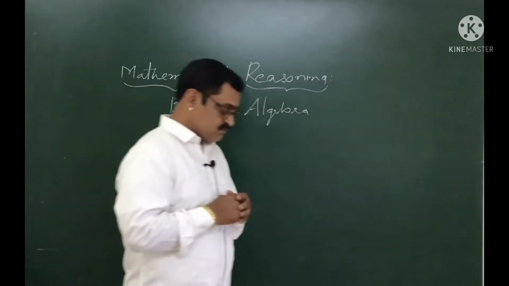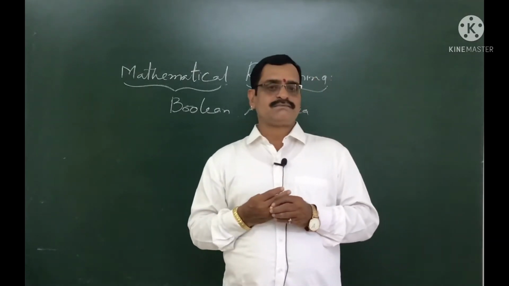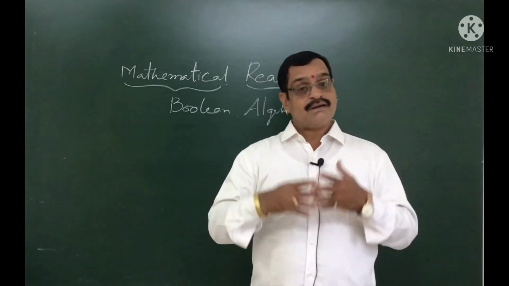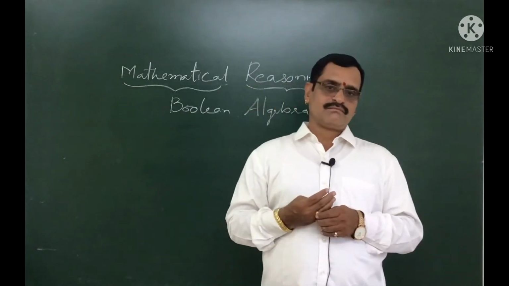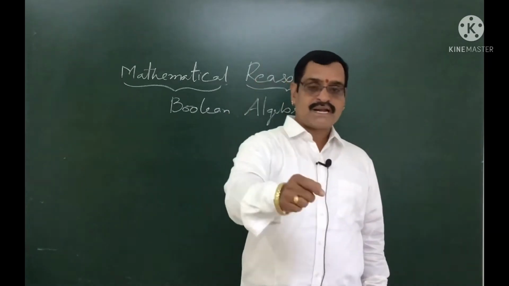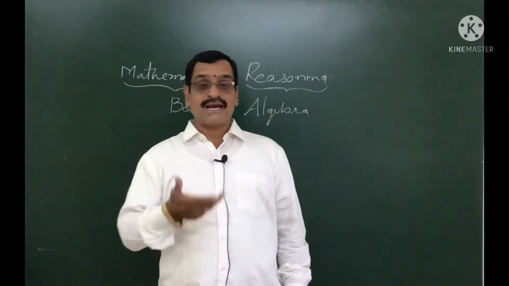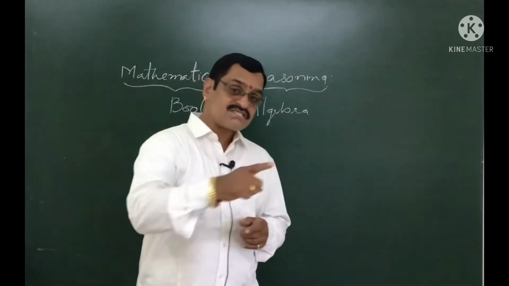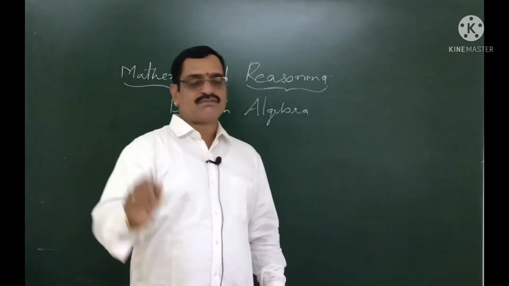Okay, now come to the next point. To understand the literature of any language, you must have a good hold on that language. And you know very well language means vocabulary, grammar, etc. Similarly, to understand mathematics, you must know mathematical language.